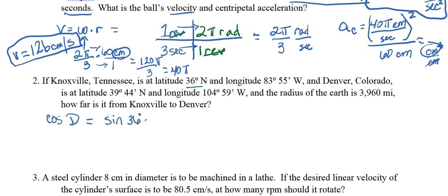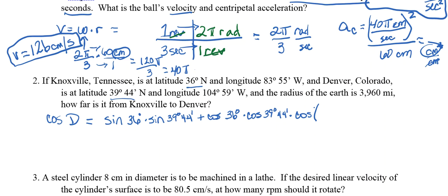I'm then going to multiply that by sine of the second one, which the second latitude is 39 degrees 44 minutes, plus cosine of the same first latitude times the cosine of the same second latitude times the cosine, and here's where our longitudes come in.